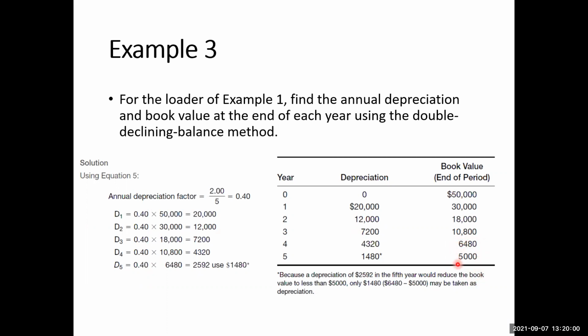The depreciation schedule will be valid only if it reaches that salvage value. Since we are always taking the constant ratio as a percentage of the book value, it is not guaranteed that you can reach the salvage value. Therefore, in the 5th year, we have forcefully put the salvage value over here, and then we calculated the depreciation as the difference of 6,480 and 5,000.